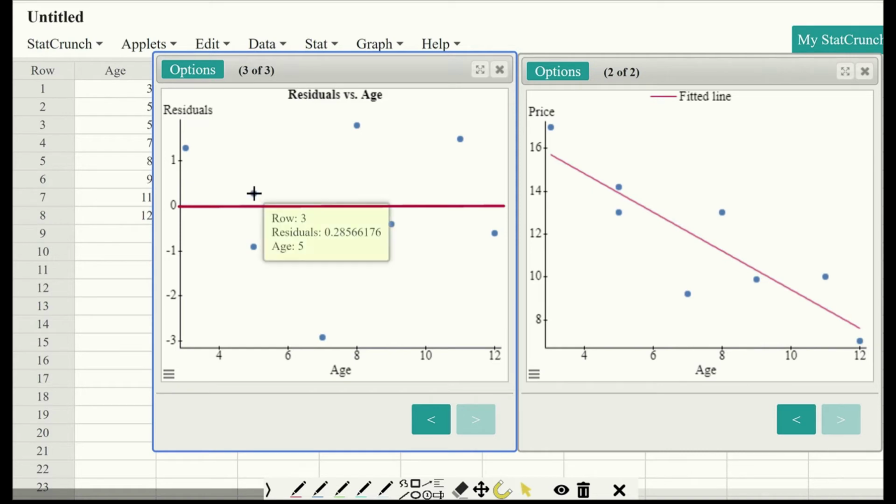We have one with a positive residual and one with a negative residual, and you can see the residual right next to it, right? So for this one, we had a price for a 3-year-old Honda Accord, and the residual was 1.28, positive 1.28. That means the actual value or the observed value was higher than what the model predicted, right? So what you're seeing graphed here is not the price, but the residual.